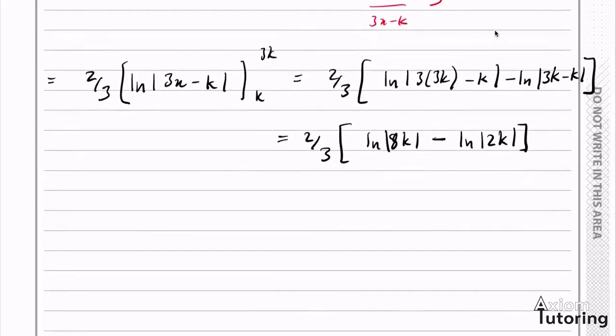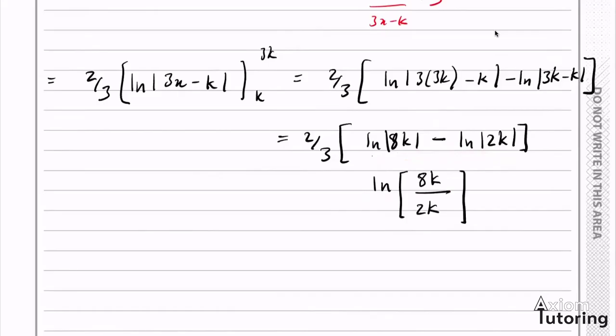Remembering our logarithmic laws, if I have ln of 8k minus ln of 2k, I can combine these by our log laws to get ln of 8k over 2k.